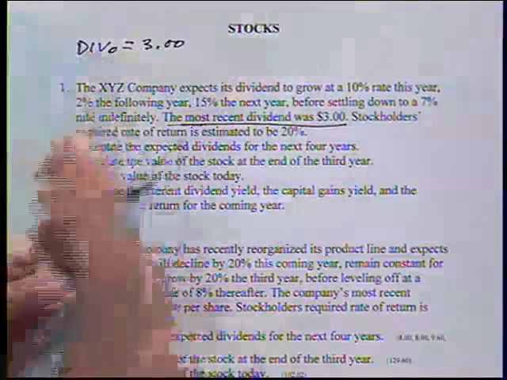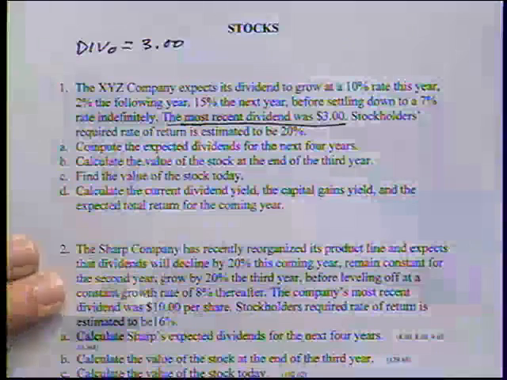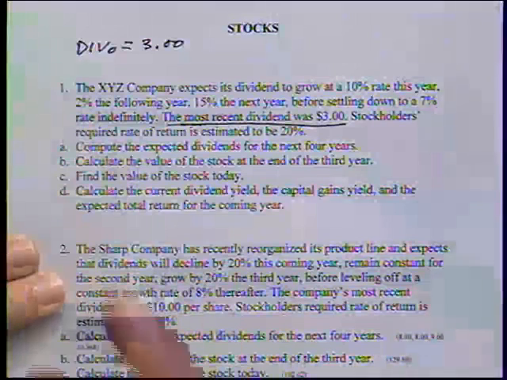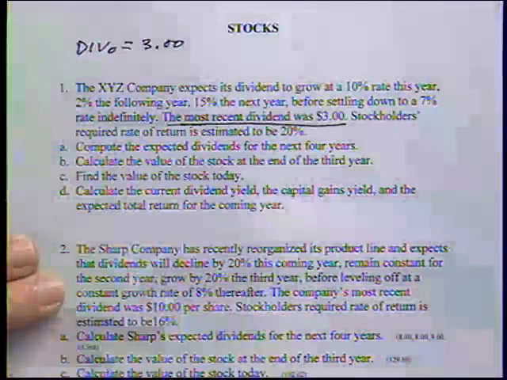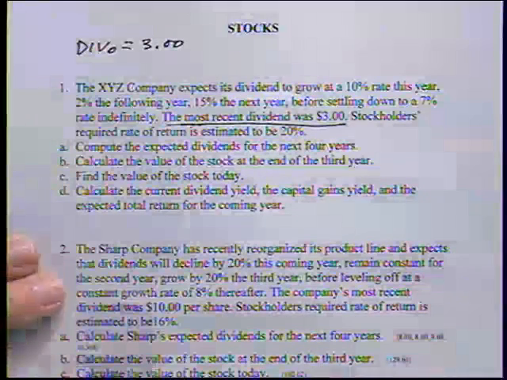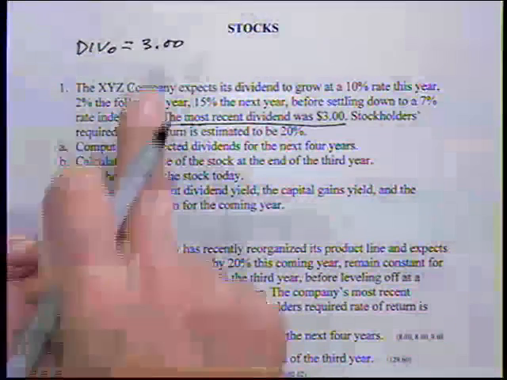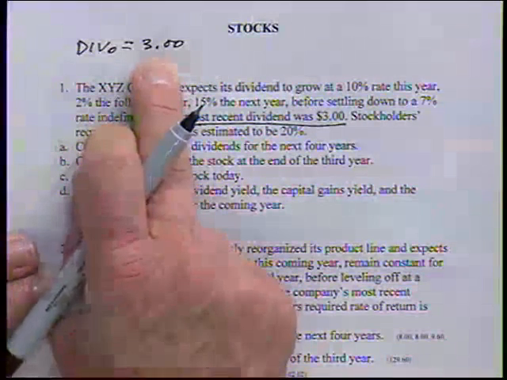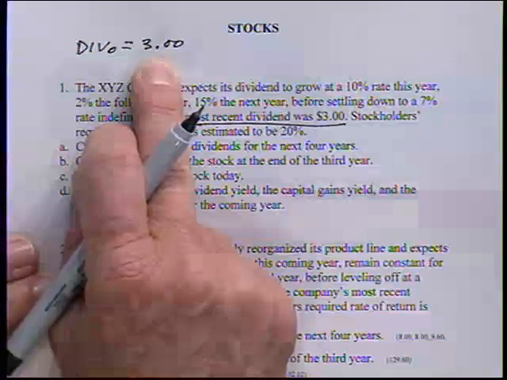The most recent means, and pay attention, get this in your notes because this is very confusing for students. What this means is the dividend was just paid yesterday or something, very, very recently. And so that dividend right there has no impact on any future stock price because I already received it.